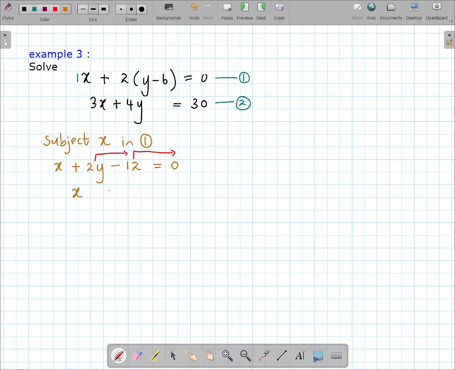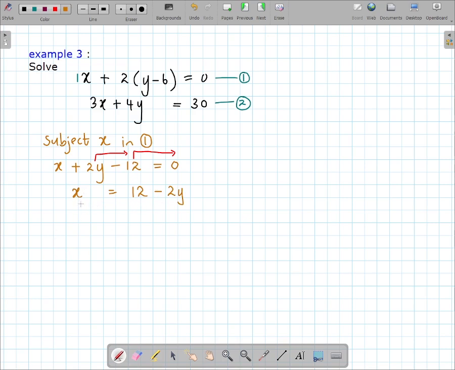When you send to the other side, it changes its sign. So when you send minus 12 to the other side, it becomes plus 12. Then plus 2y sent to the other side, it becomes minus 2y. So x equals 12 minus 2y.